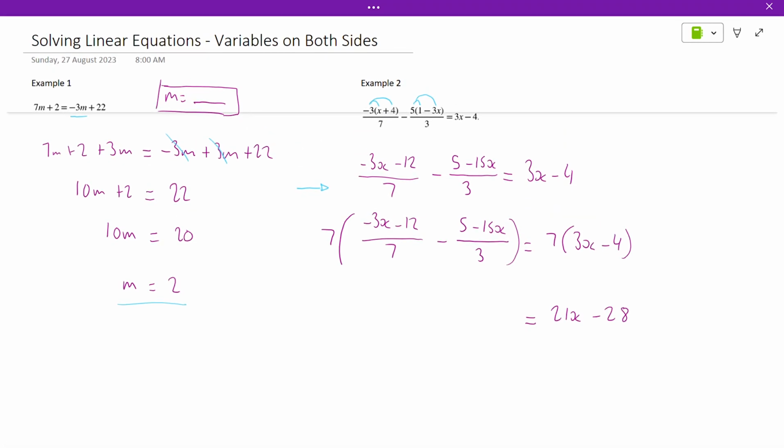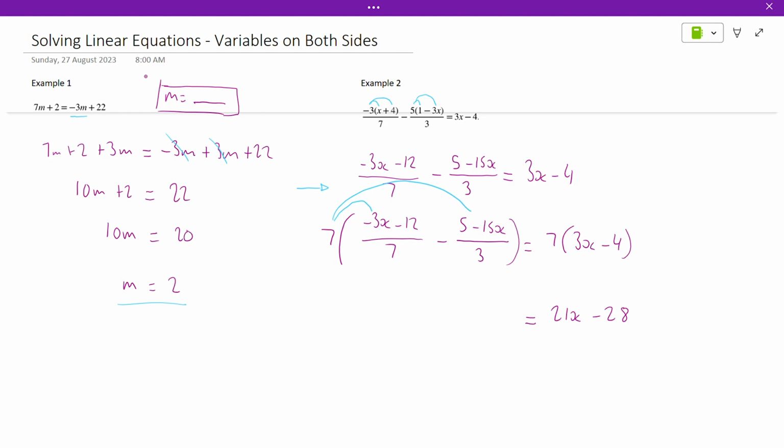Again, I can draw in some lines here just to make it nice and clear what we're doing. I've got a 7 times this whole first term, and a 7 times that whole second term over there like that. So I'm not going to simplify it just yet. I'm just literally going to write the mathematical version of those two blue lines that I've just drawn in, just to make it nice and clear.